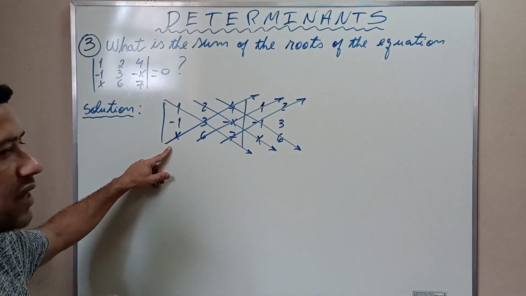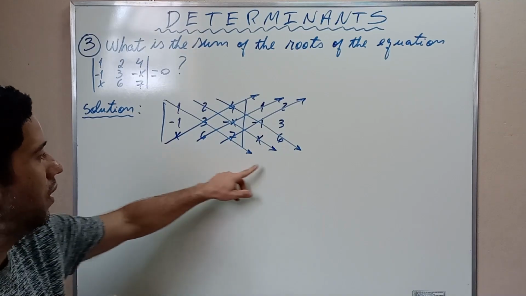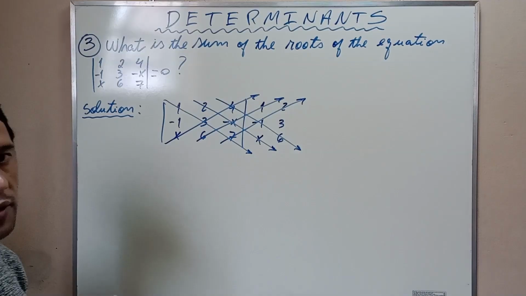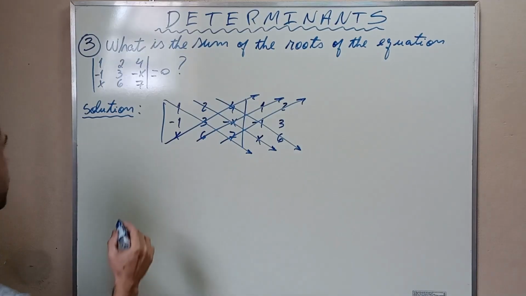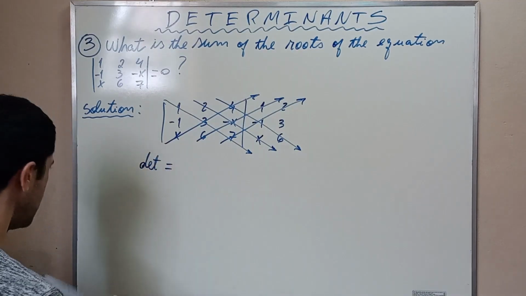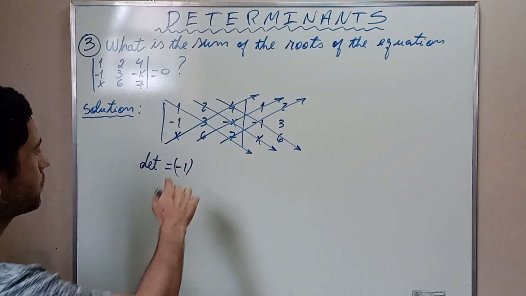For the secondary diagonals, we multiply by -1. And for the main diagonals, we don't multiply by -1, okay? Then the determinant is going to be -1 times this product here.